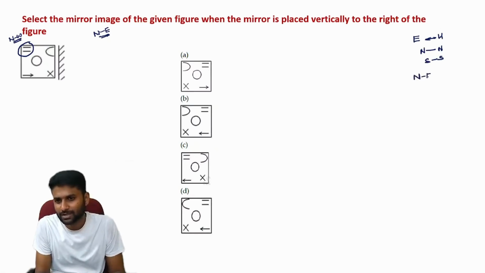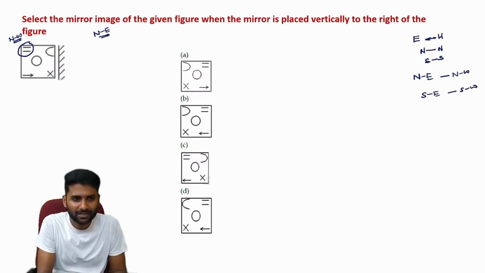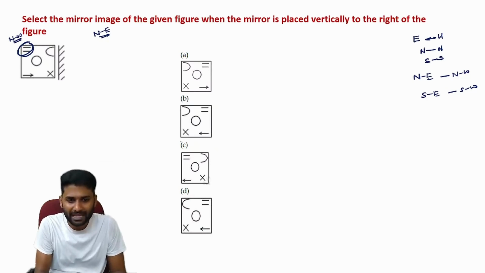If you check with the corners, northeast becomes northwest, southeast becomes southwest. If you observe, these two lines should be projected towards northeast, so eliminate option C. Let's check this curve. The curve is pointing towards east, so it must be west. Yes, eliminate D. So it can be either A or B.